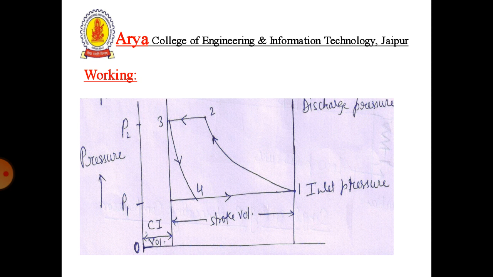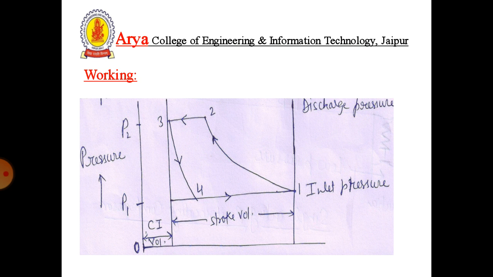Next in the cycle, the piston reverses direction and starts the expansion portion of the cycle. The gas trapped in the clearance volume is re-expanded to the intake pressure, and the discharge valve has closed and the intake valve is still closed.